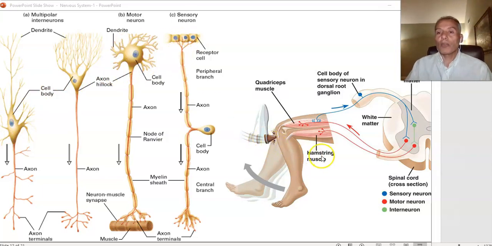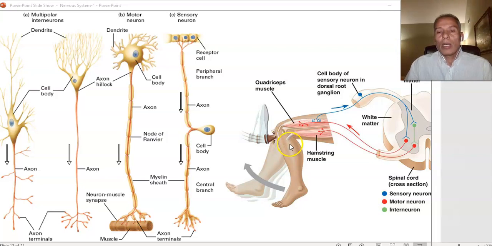Let me explain, for example, the circuit of the kneecap reflex. You need to understand it, and you need to know how to explain it step by step, just as I'm explaining it now.